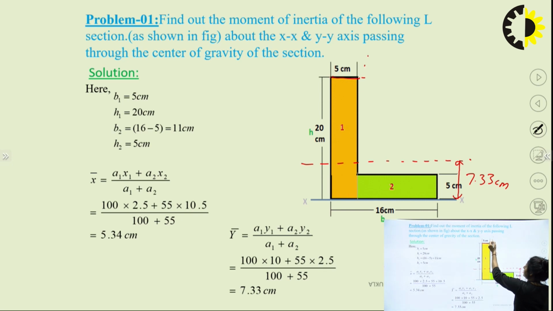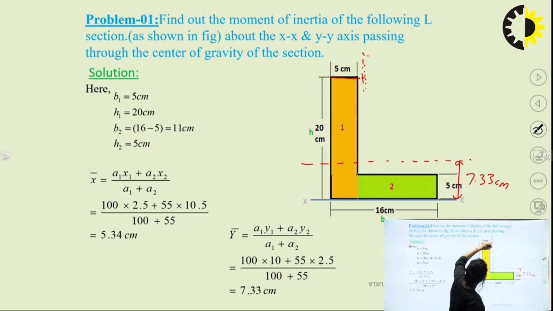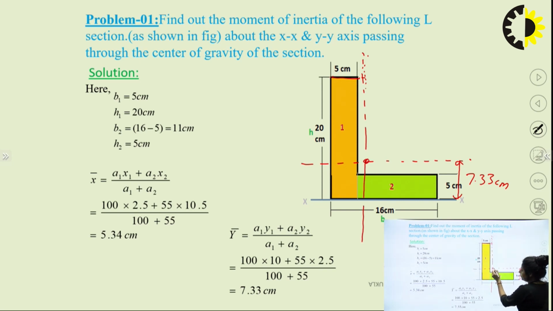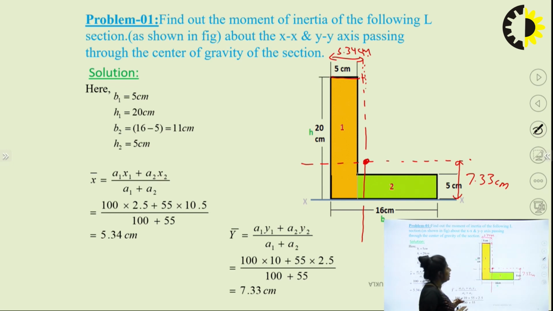You can see that the CG lies here. The value of this is 5.34 centimeter.